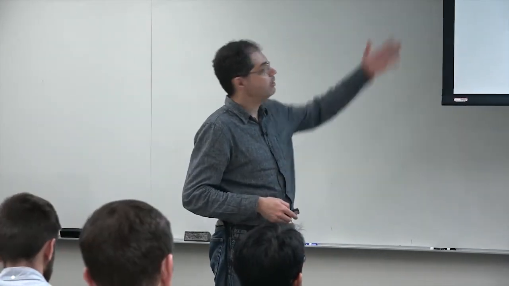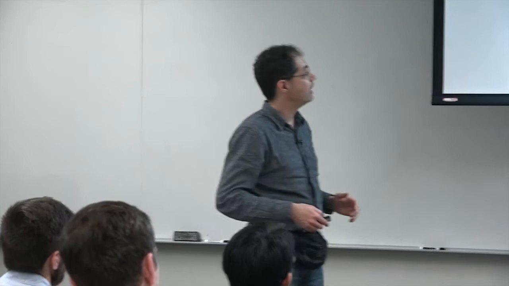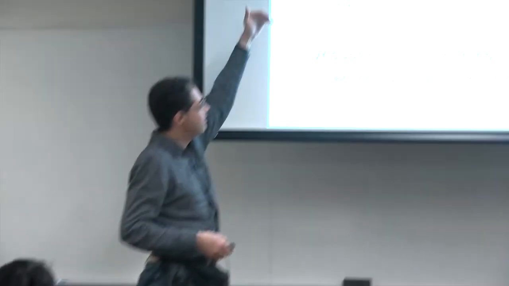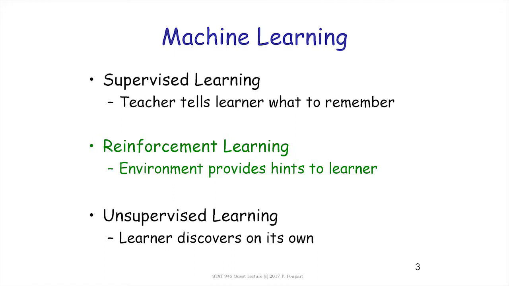Now, in between, we have also reinforcement learning, where in this case, the environment does not provide the answer as in supervised learning, but it still provides something, so it's not completely unsupervised. There's some information, and this information is going to be in the form of some hints that we're going to call rewards, or depending on the literature, it might also be called costs.